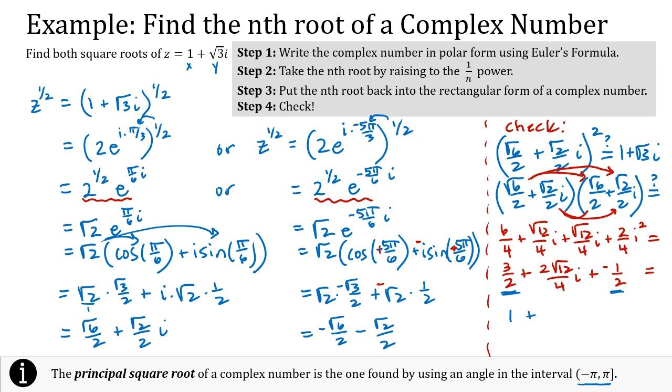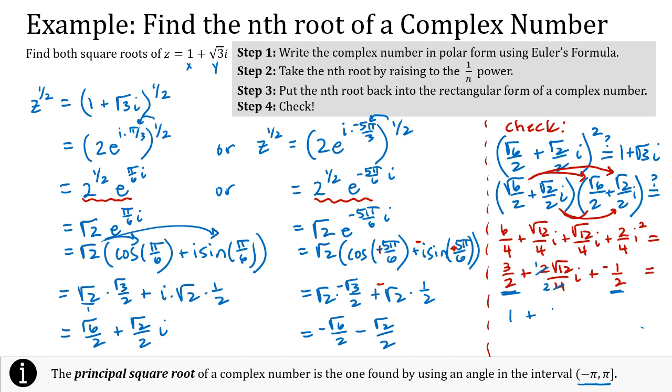Plus, what's happening with that 2 times the square root of 12 over 4i? Well, the square root of 12 is the square root of 4 times 3, and I can take the square root of 4 and call it 2. So this becomes 2 times, let me do this instead actually. Let me reduce this 2 and this 4.